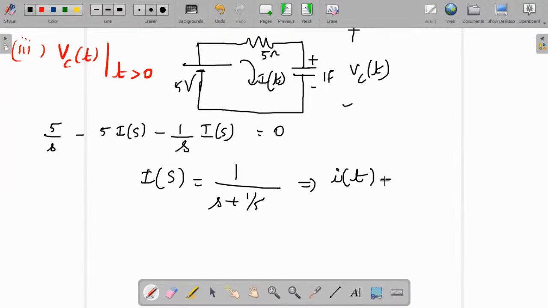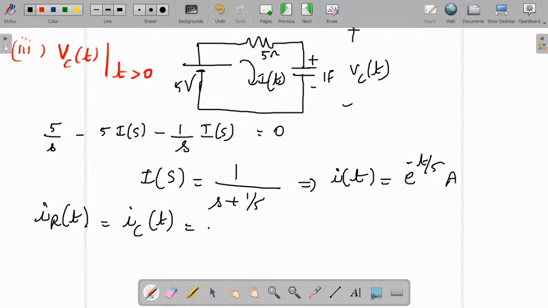I of t becomes e power minus t by 5 ampere, right? This is a series circuit, so whatever current flows through the resistor is equal to the current flowing through the capacitor.